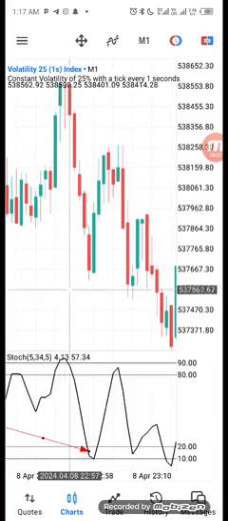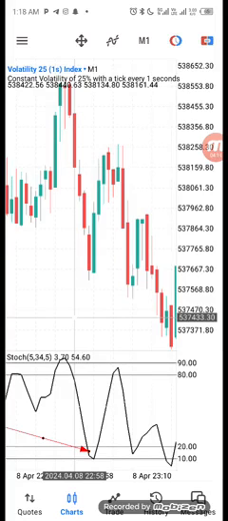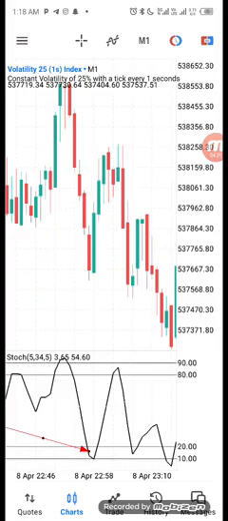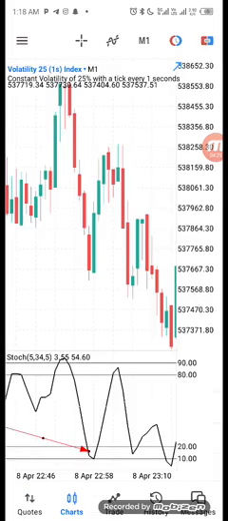Now, another thing I want you to understand is, when you are looking for the formation, let's assume that you want to buy, there must be a minimum of 3 consecutive bearish candles coming down. Let me show you the 3 consecutive bearish candles I'm talking about. These are the bearish pressure coming down.